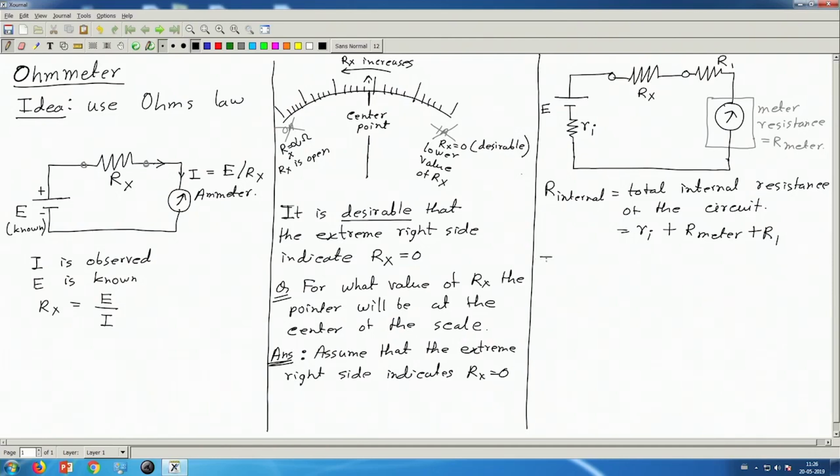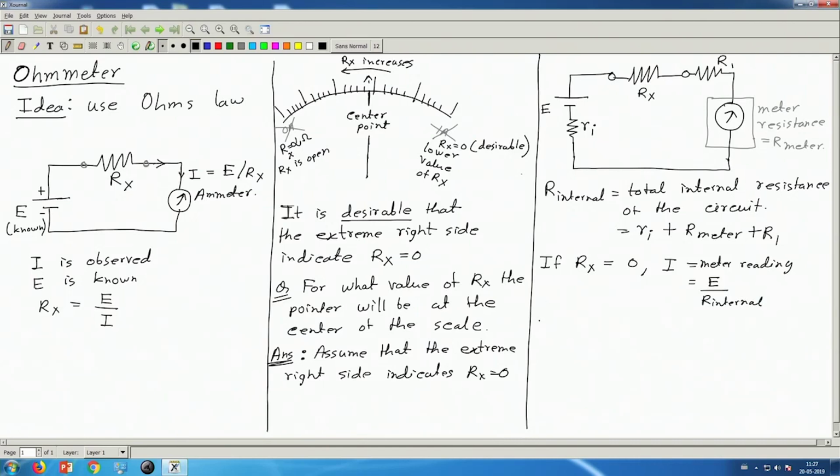Now, if R x is equal to 0, then the current I that flows through this meter, or the meter reading, will be equal to E by R internal.